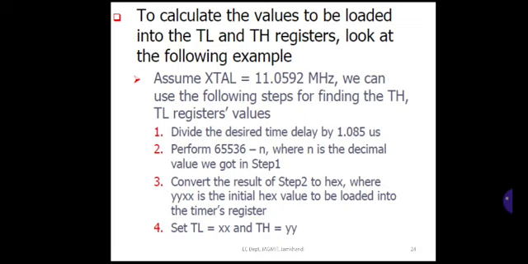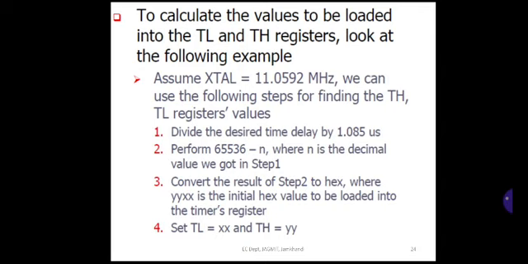To calculate the count for TH and TL, the first step is to divide the given delay, that is, how much delay you want. In the previous example, we calculated the delay. Now in this example, we are going to provide you the delay. So divide the desired time delay by 1.085 microseconds.